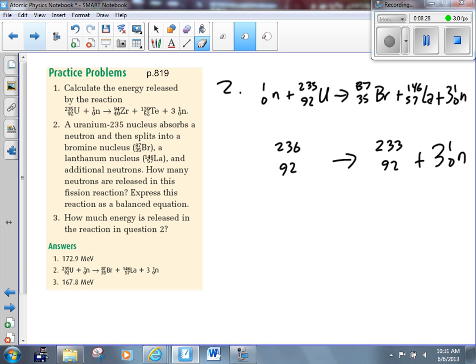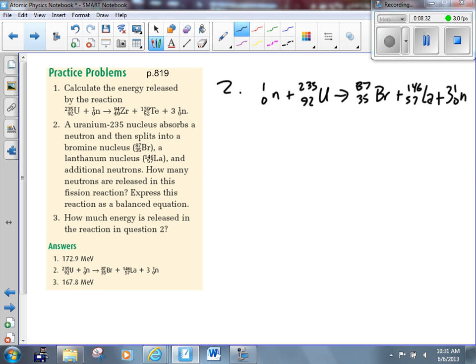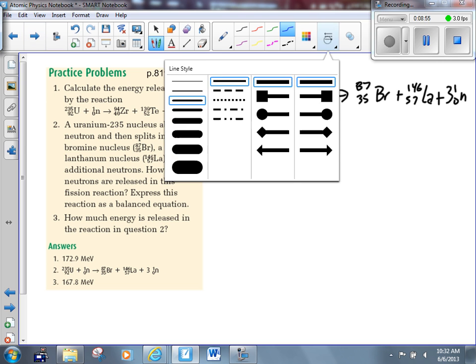Okay, good. Now we want to find the energy that's released here. To do that, we've got to find the energy of each side. We're not going to go through the entire mathematics of this because there's lots of numbers, like 6 decimal points for each of them, and it takes a little bit of time to go back to that table and check. But we'll go through the process of it, okay? Let's get the mass of a neutron. I think it was 1.00 something atomic mass units.